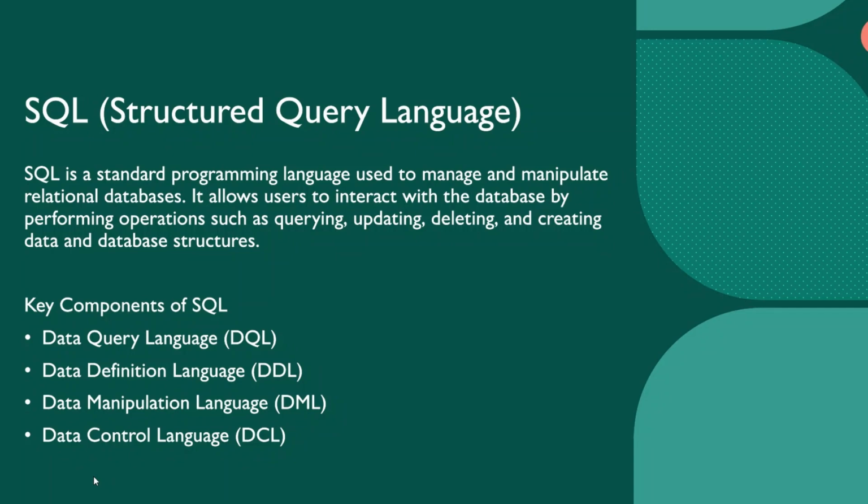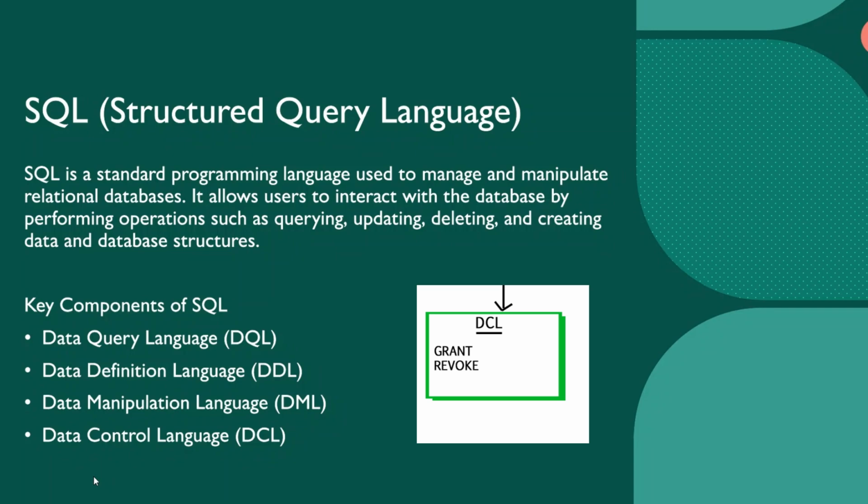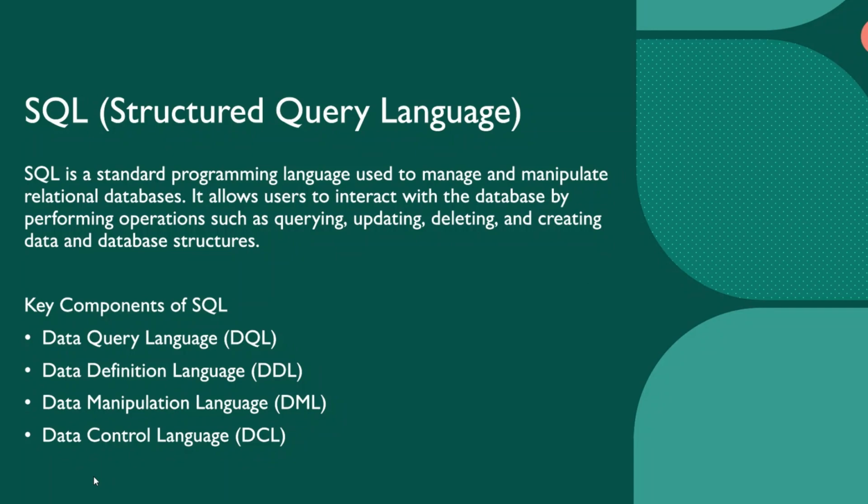So let's talk about the Data Control Language. Data Control Language is used to control access to the database. The common commands used are grant, which grants permission to users, and revoke, which is used to revoke permission. Then there is one more which I forgot to write here, the Transaction Control Language, TCL.